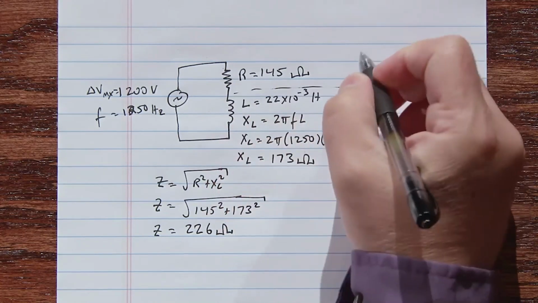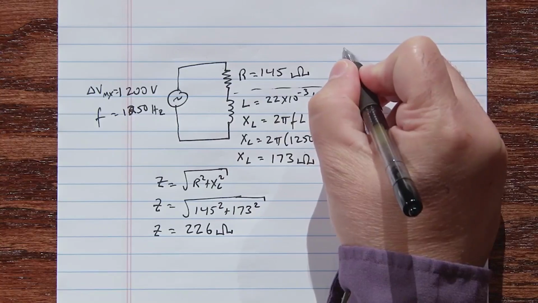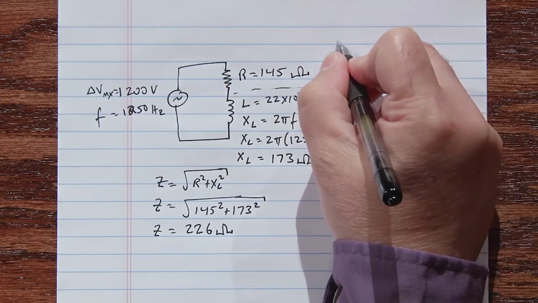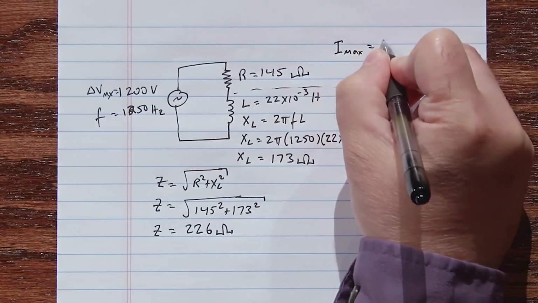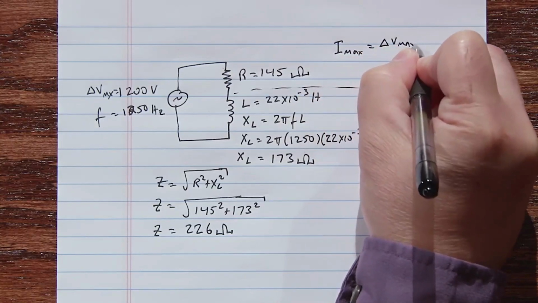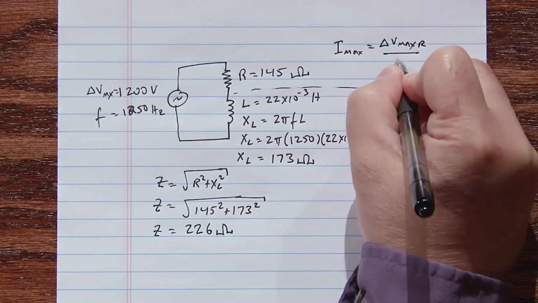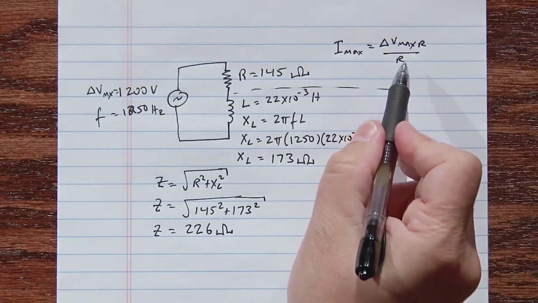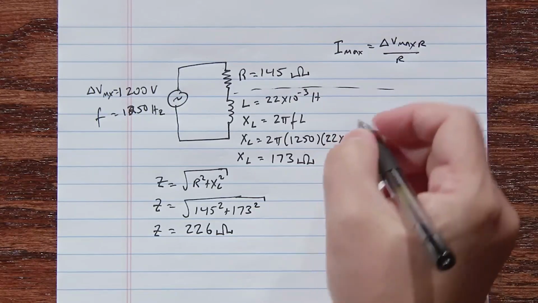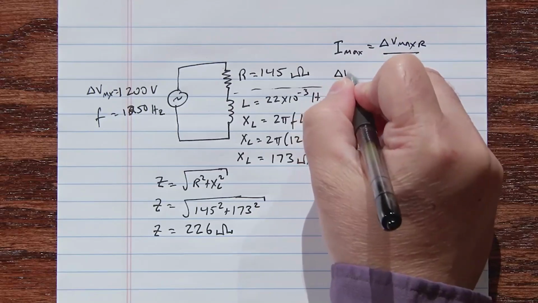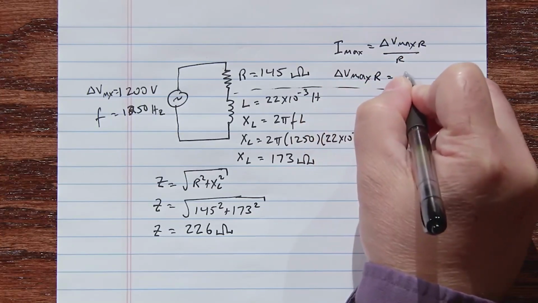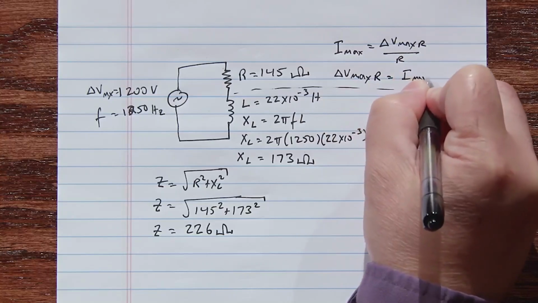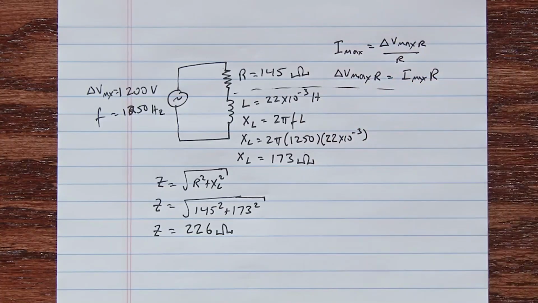Well, the current in the circuit is equal to delta V max across the resistor divided by R. And we can solve that for delta V max across the resistor, and that would be delta V max across the resistor is equal to I max times R. And we have a similar thing for the inductor.